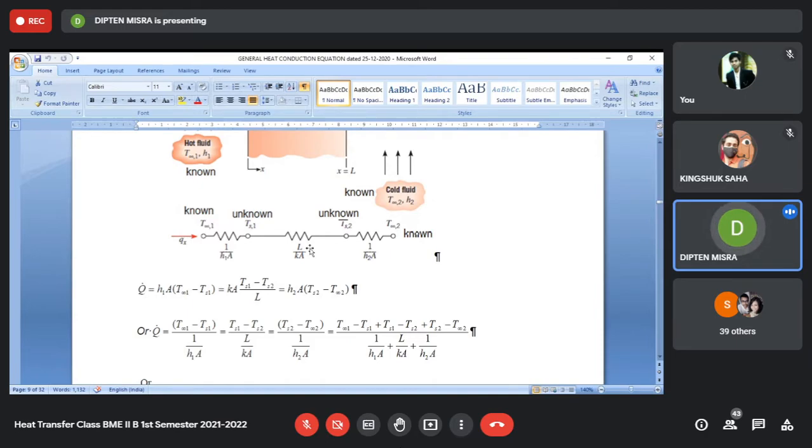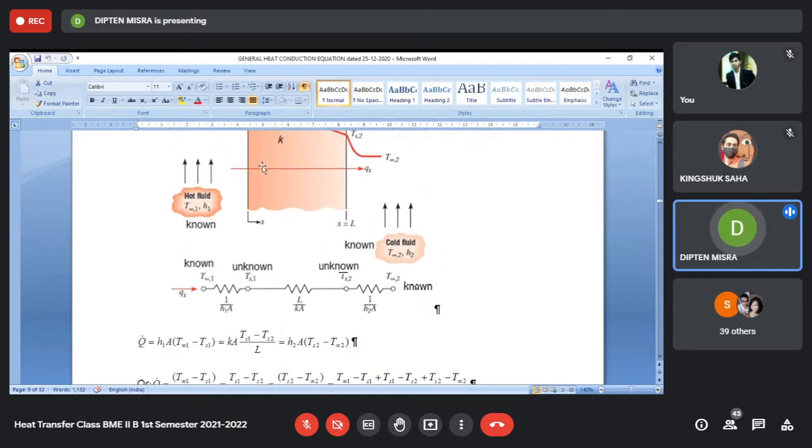What is the first thing? That the body should be under steady state. The second is that there is no internal heat generation. And the third thing: what we are assuming is that whatever heat comes in from the left, it is coming out from the right along X. Now suppose there is another path of escape for the heat, and some part of the heat flows along Y. Then we cannot say whatever heat enters has to be equal to the heat leaving from the right-hand side, because there may be another path of heat escape.